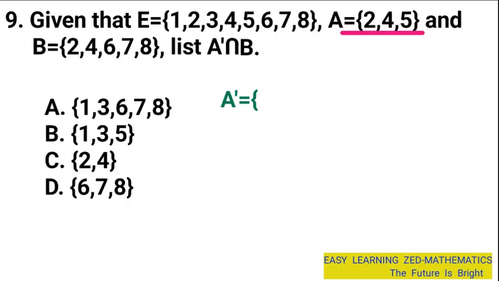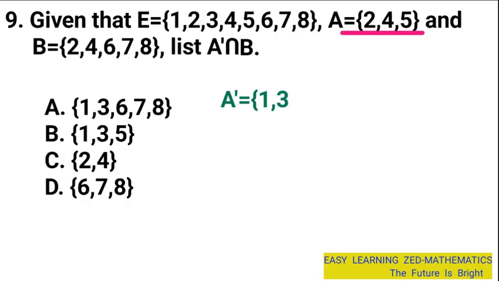So we can ask ourselves, is 1 found in set A? We're going to say no, so 1 is in set A complement. Is 2 found in set A? Yes. Okay, so we're not going to write it. Is 3 found in set A? No. So 3 is in set A complement. Then is 4 found in set A?